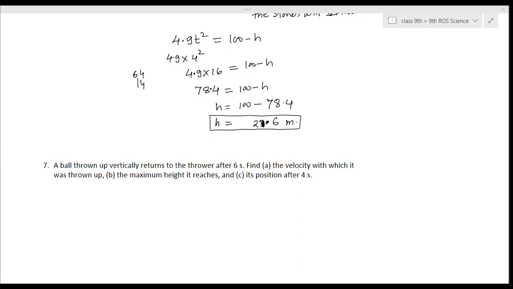Ma'am, we will consider the time taken for the ball to move upwards be 3 seconds, because it has gone upwards and come back in 6 seconds. So therefore it is total 3 seconds in one direction. Okay, ma'am. Thank you.